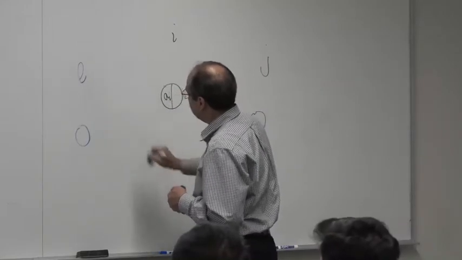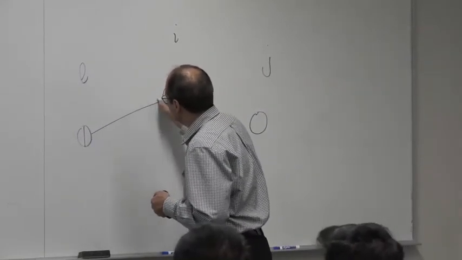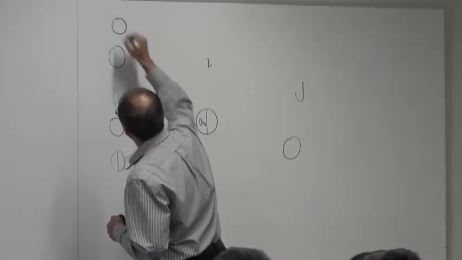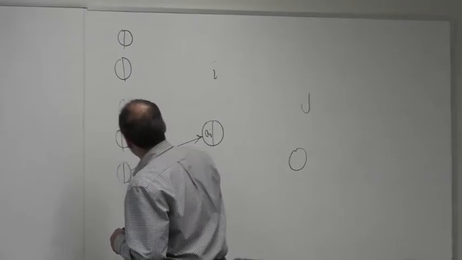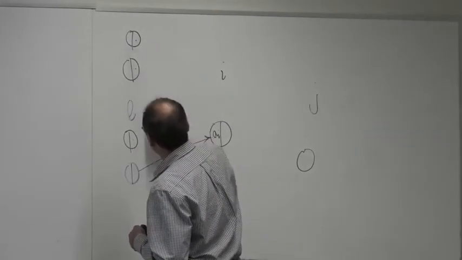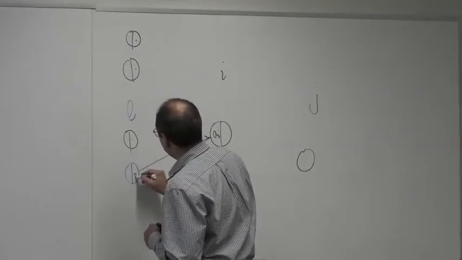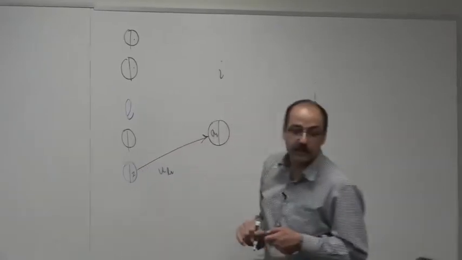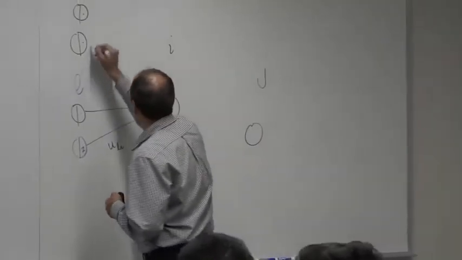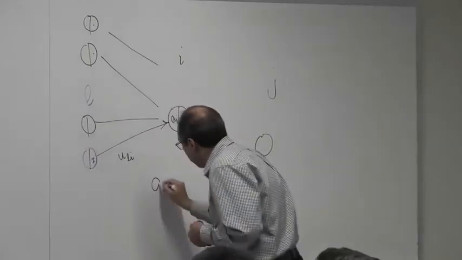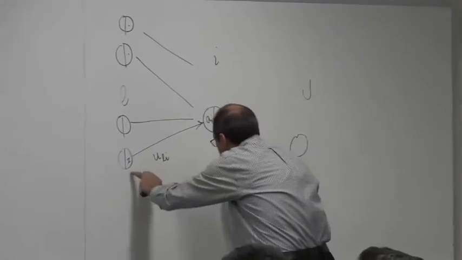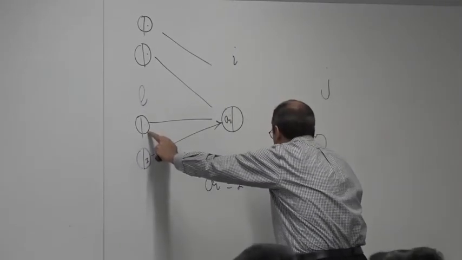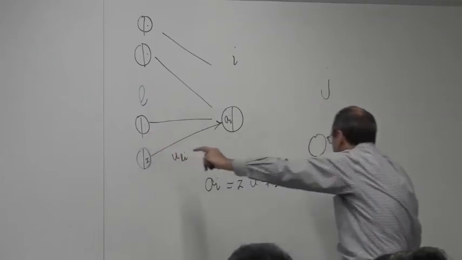And a_i is simply the summation of all of these z's times the corresponding weight. So basically a_i is this z times the corresponding weight plus this z times the corresponding weight plus this z times the corresponding weight.